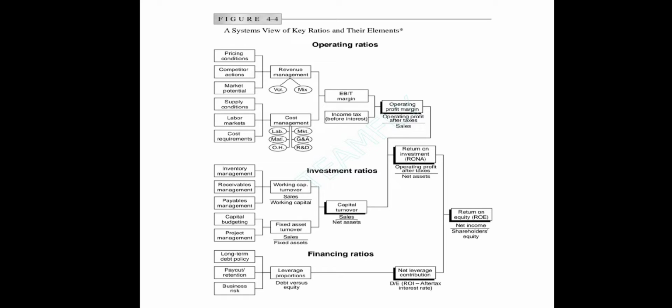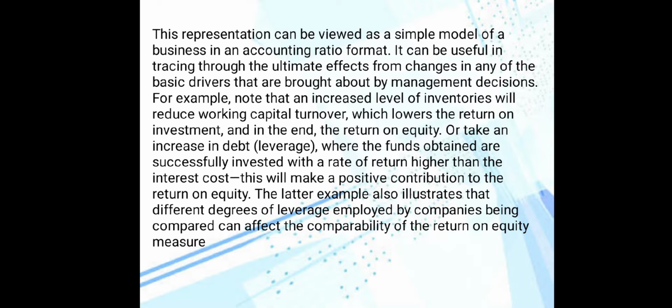This is the format of key ratios and their elements: operating ratios, investment ratios, and financing ratios. This representation can be viewed as a simple model of a business. In accounting ratio format, it can be useful in tracing through the ultimate effects from changes in any of these basic drivers that are brought about by management decisions.